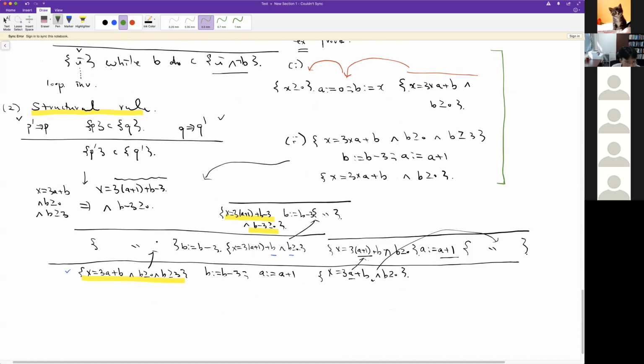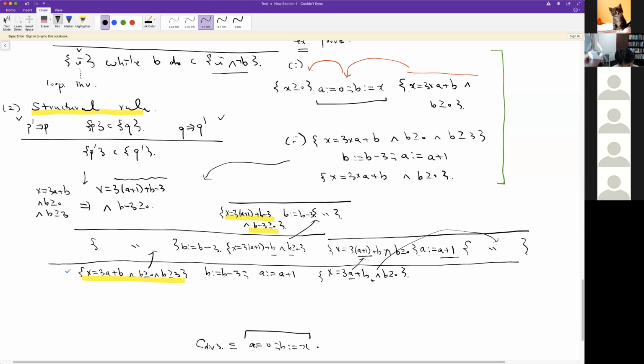So for the divide by 3 program, we have a command C divide by 3. It has two parts. It has an initialization part, that's exactly what I wrote there, so this part is the same as the part written here.